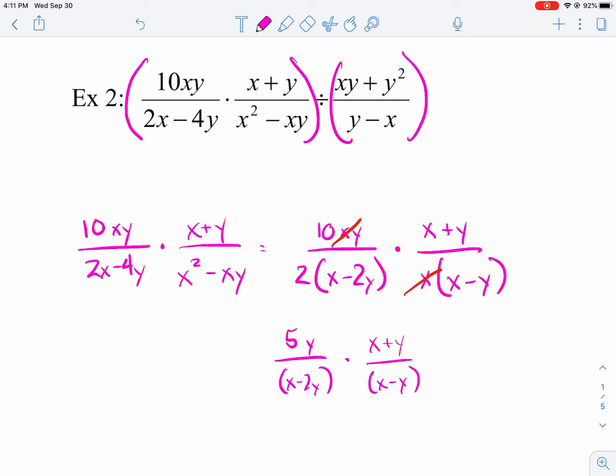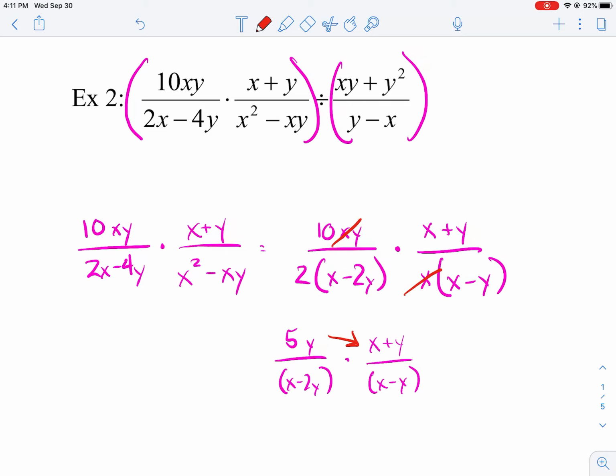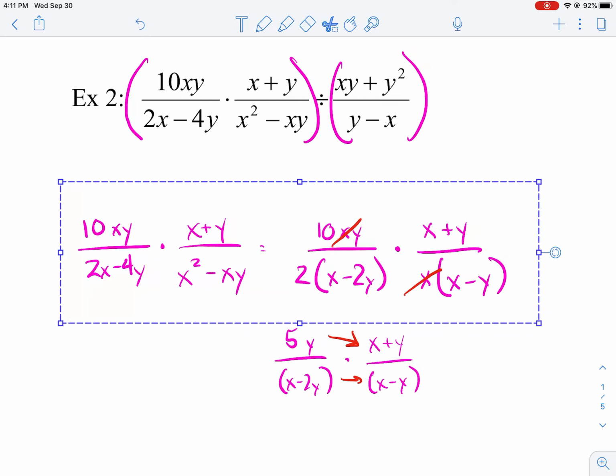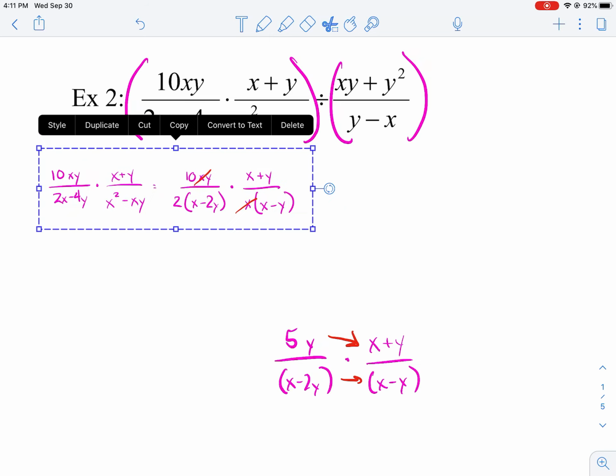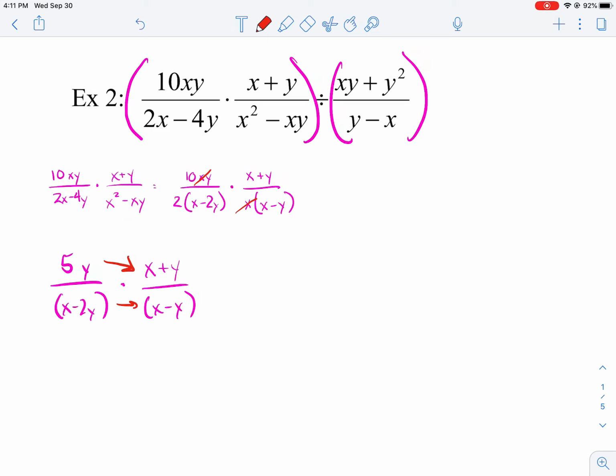Unfortunately, what we're left with is we are going to have to multiply these two things together. So it's not going to be super awesome, but using how we multiply fractions, we multiply the numerators and the denominators. So let me shrink this up here, move this over here. And now let's multiply these two things together.